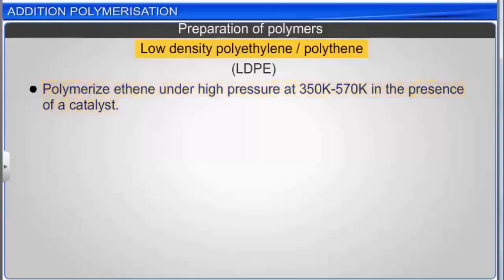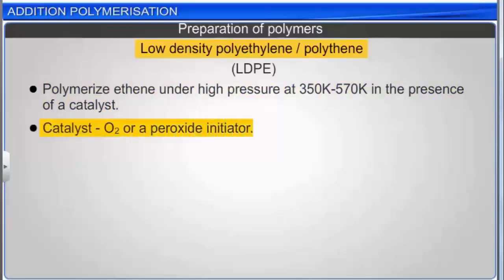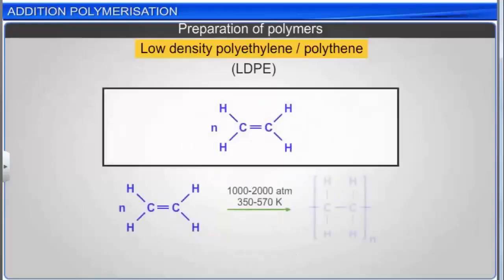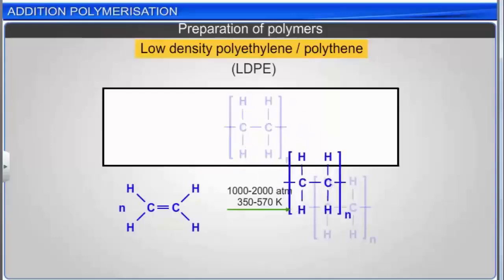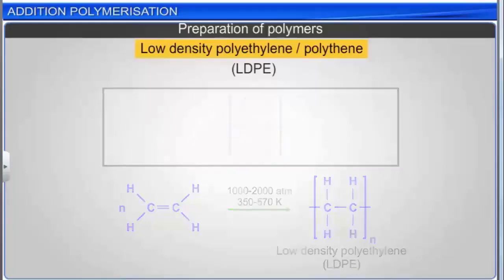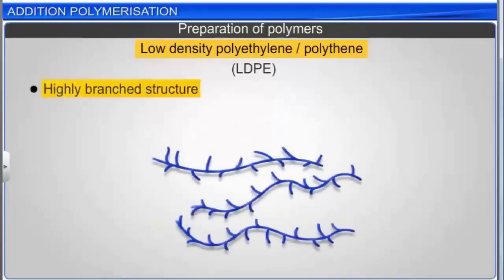Typically, either oxygen or a peroxide initiator, such as benzoyl peroxide, is used as a catalyst. The equation shown here represents the polymerization reaction to form LDPE. LDPE is a highly branched structure, where the branches in turn may also have side chains.